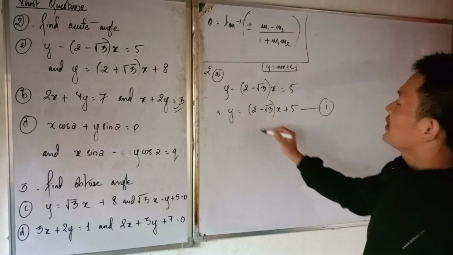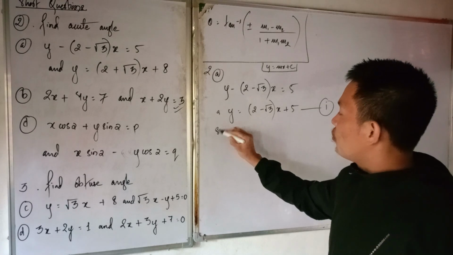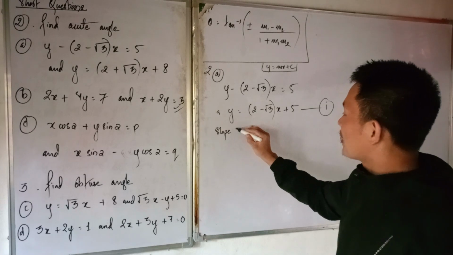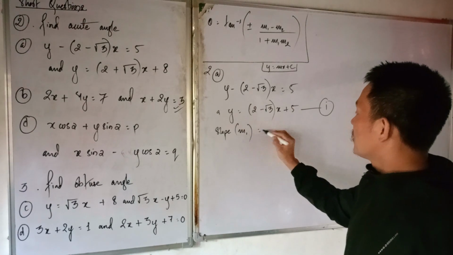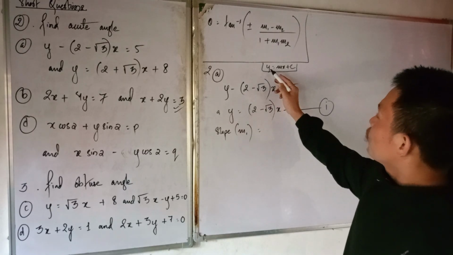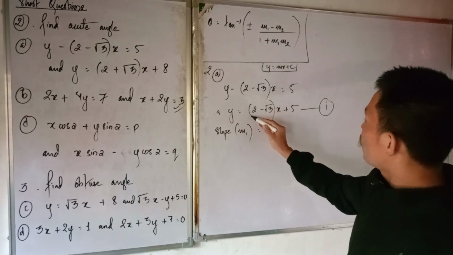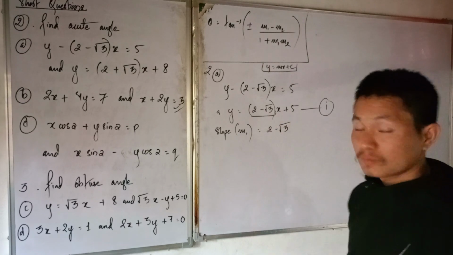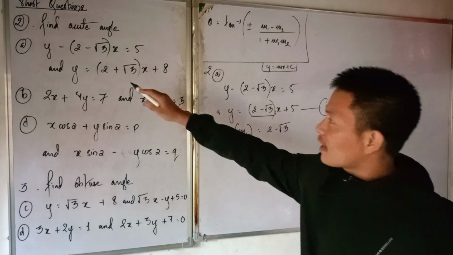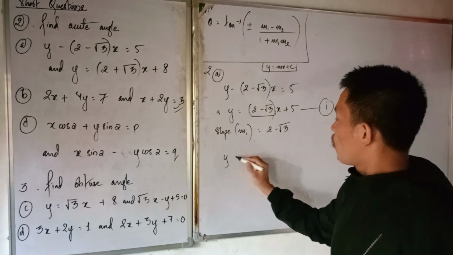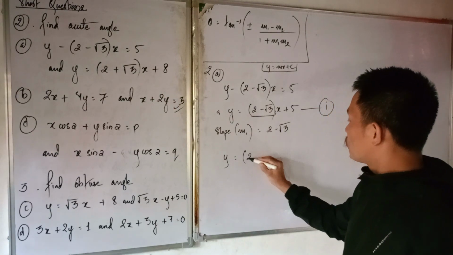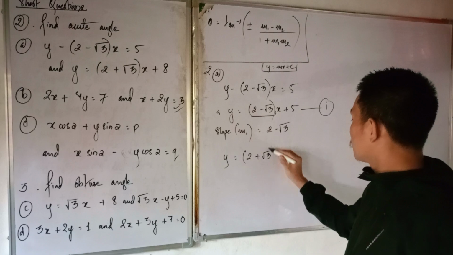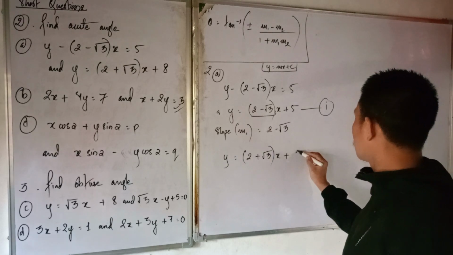Suppose this is line 1. Let line 1's slope be m1. Comparing with y equals mx plus c, you get the value of m here: 2 minus root 3. Another line we have is y equals (2 plus root 3)x plus 8.